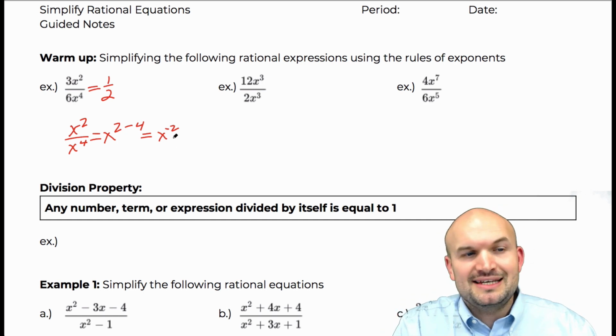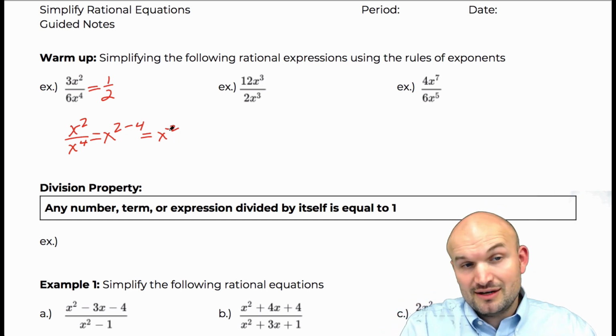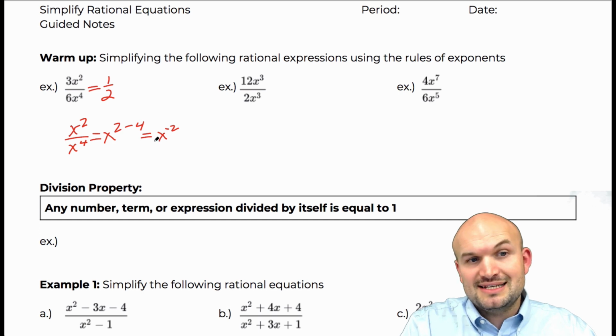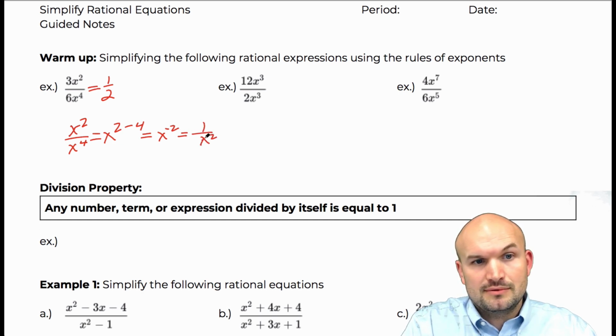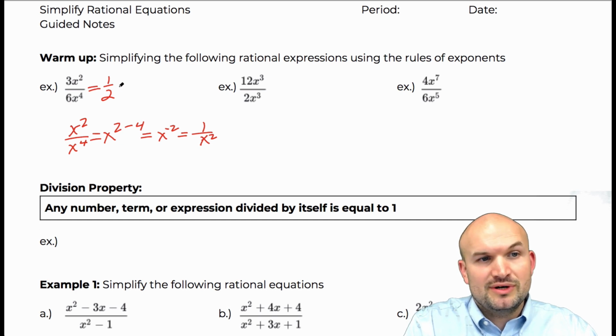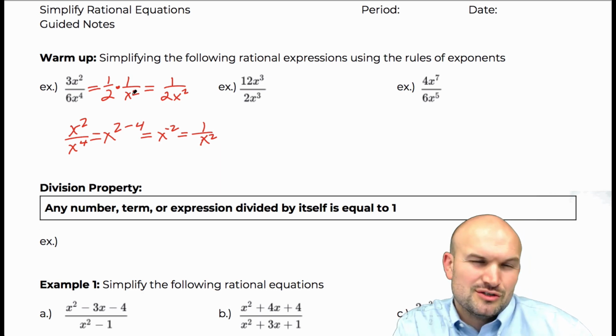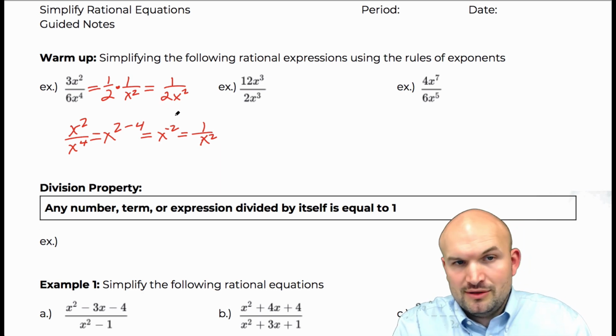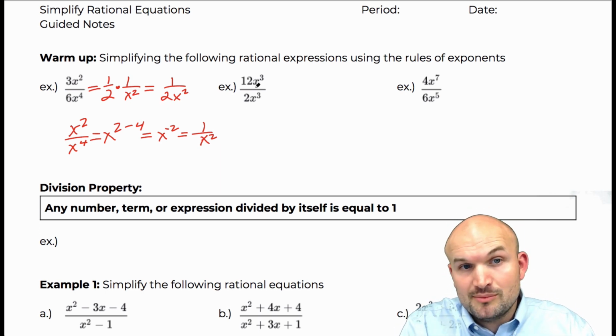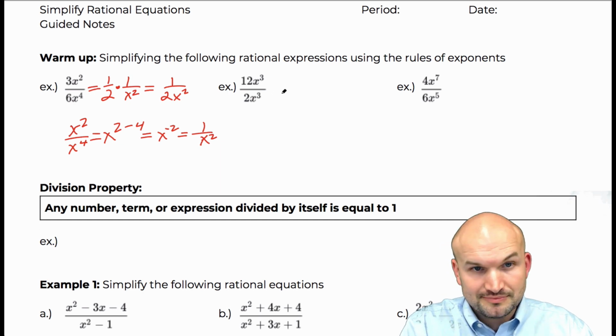The other rule we need to remember is that negative powers get rewritten in the denominator. So we write this as 1/2 times 1 over x squared, and then we can write that as 1 over 2x squared. You could do this a little bit quicker; I'm just working my way through, working with the numbers and then multiplying by the variables.